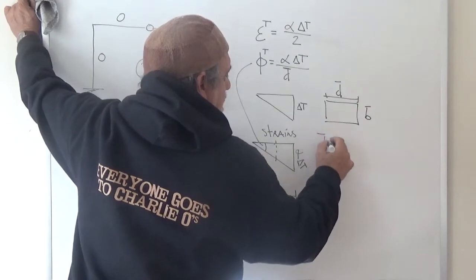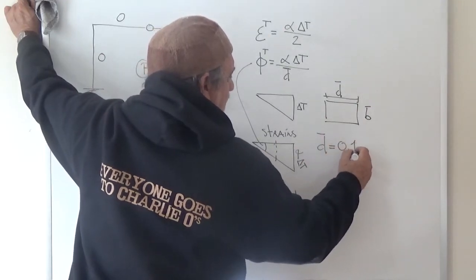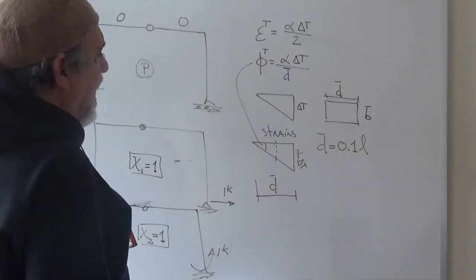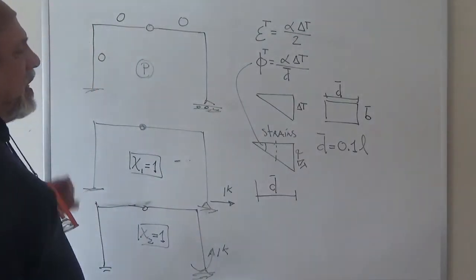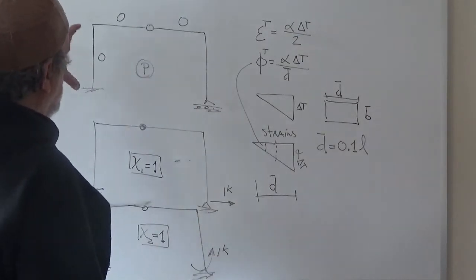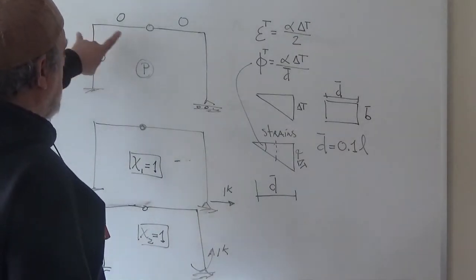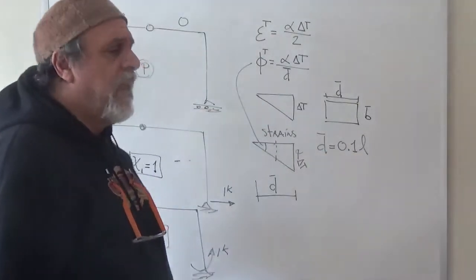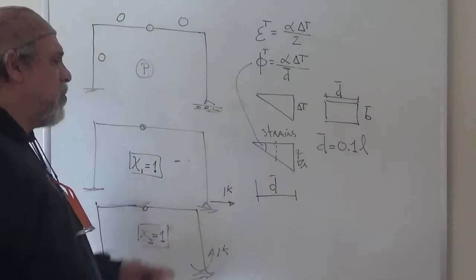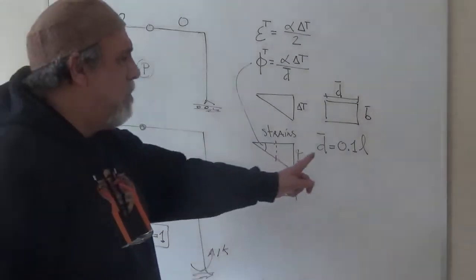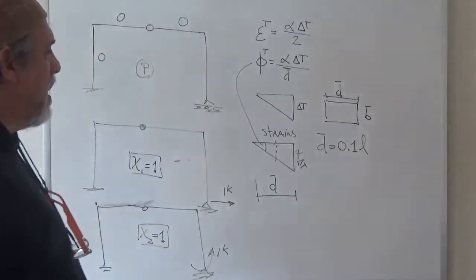Let's say that d bar is 1/10 of L. So for example, if L was 10 feet, then this would be 5 feet, this would be 10 feet, and that would be a foot, right? It's a little bit big, but that's what I used in the solution, okay? So d bar is 0.1 L.